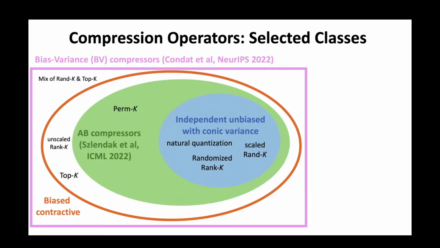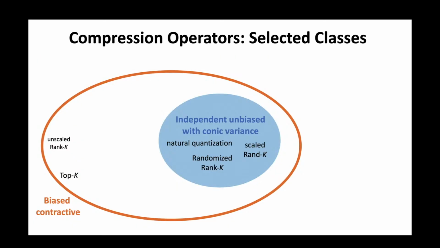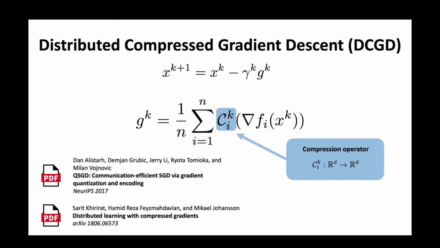Here's an interesting class proposed by Szlendak and coauthors, these AB compressors. The idea is to use unbiased compressors, but make them correlated across the workers. Because we want to save on communication, so we want this to be as accurate an approximation of the full gradient as possible. So maybe these workers that do the compression should collaborate to figure out how to compress rather than compress independently, in order to come up with a more faithful approximation.